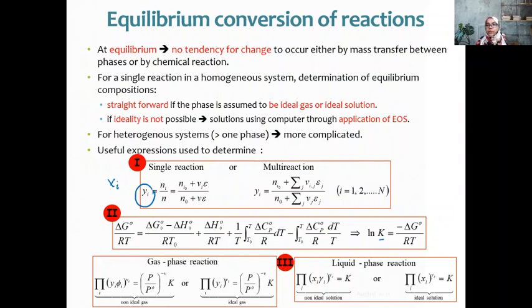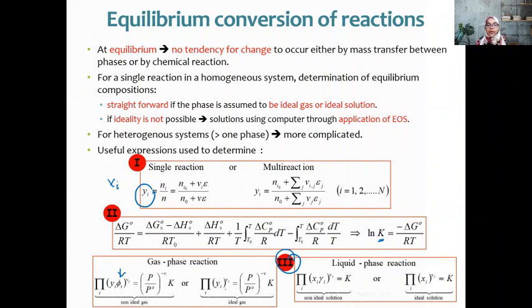And to relate the equilibrium constant to the phase of the reaction, you can use this equation or this described in the 3. So for the gas phase reaction and the non-ideal, we introduce the fugacity coefficient.